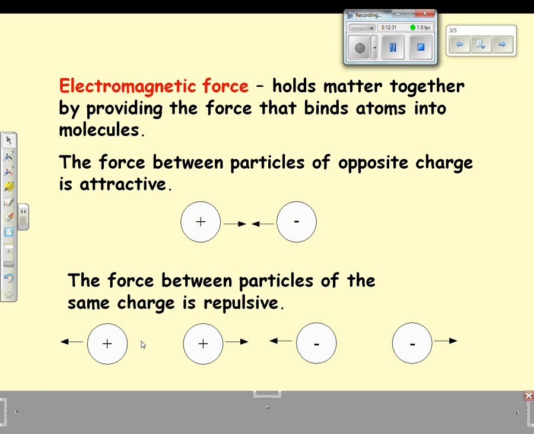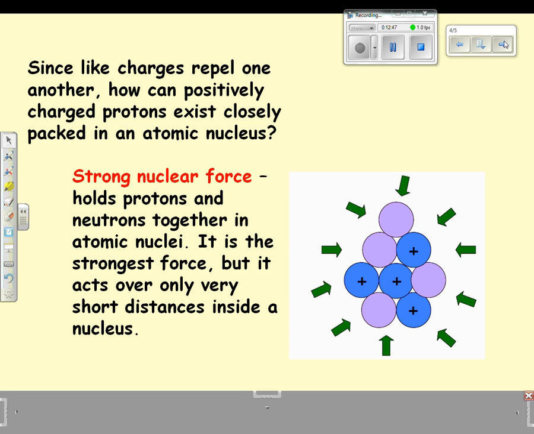All of those protons should be doing what? But they don't. You don't see the iron molecules busting out of your cereal bowl in the morning. How come? Well, I'll tell you why. Since like charges repel one another, how can positively charged protons exist closely packed in an atomic nucleus?